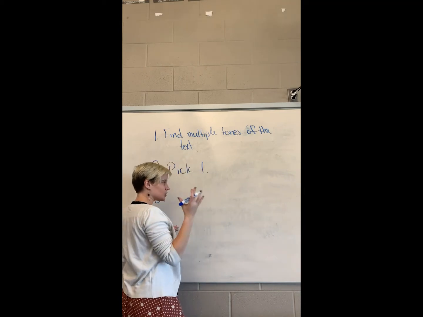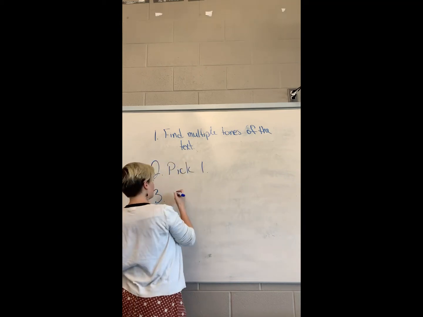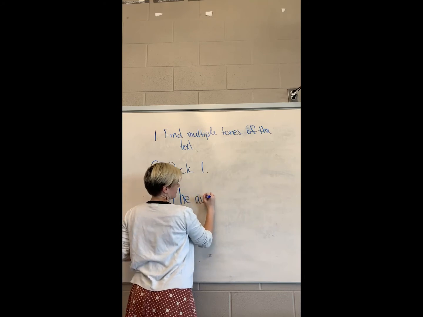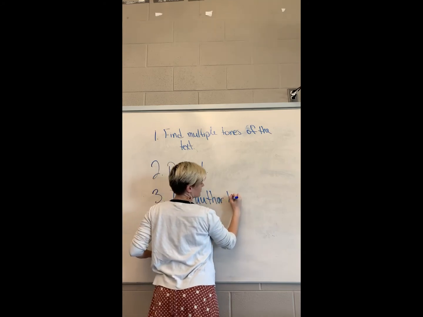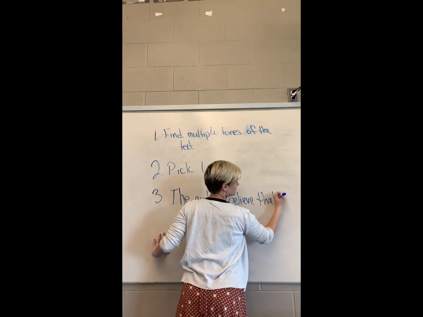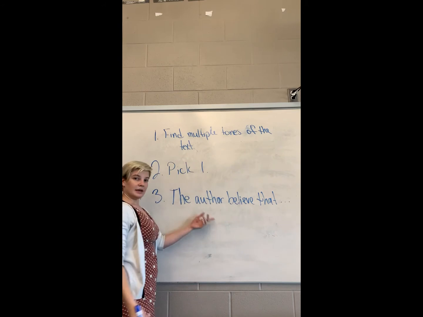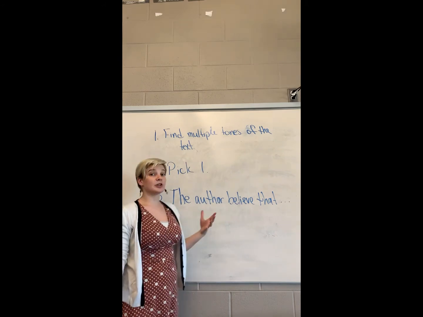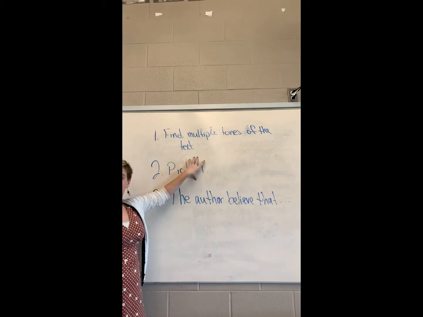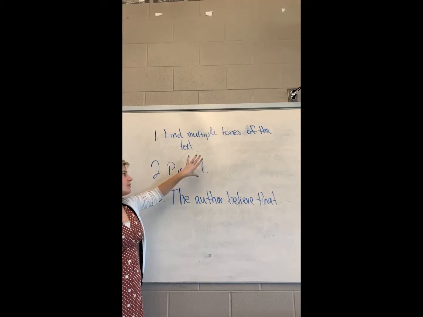is start the sentence, or start the thought process with the sentence starter. The author believes that. Answer the question, or finish the sentence in this case. The author believes that whatever about blah, blah, blah.